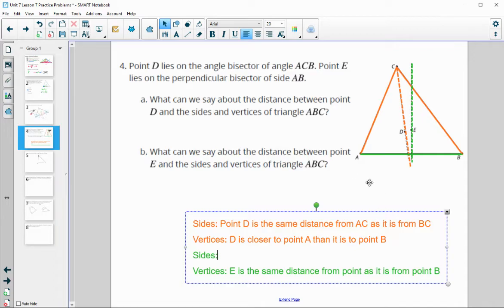And then for the sides, now again, we know D is equidistant. So we know this whole line is equidistant from both sides. And E is on this side of that line. So E is closer to this side, BC, than it is to AC. So E is closer to BC than it is to AC.